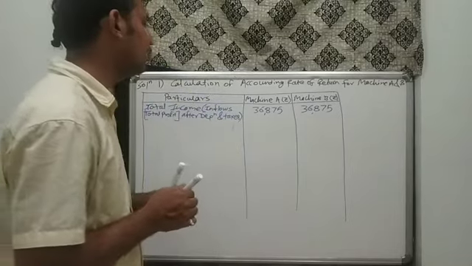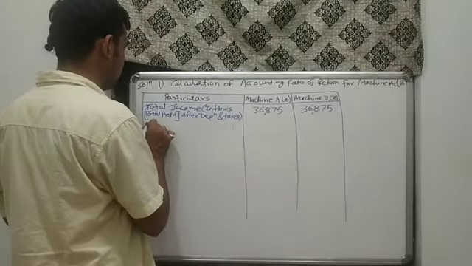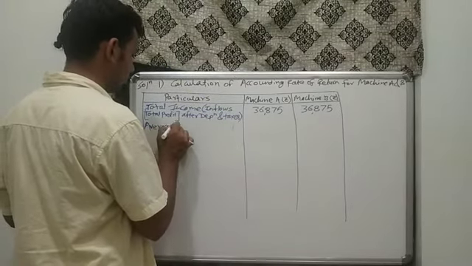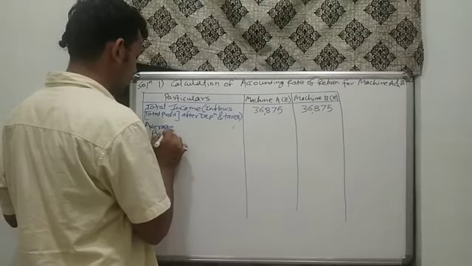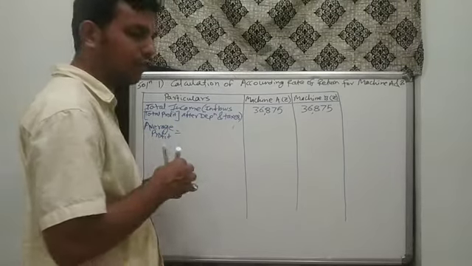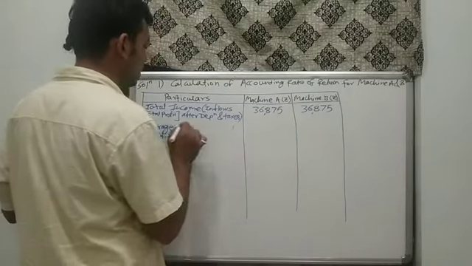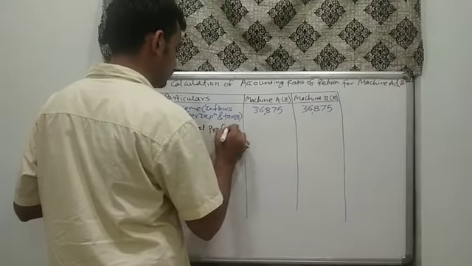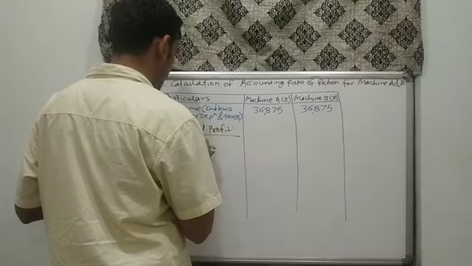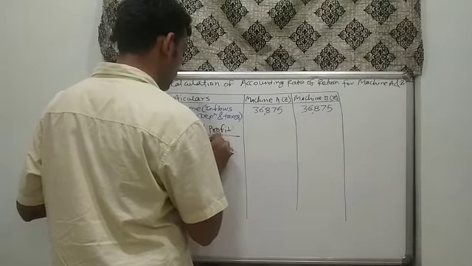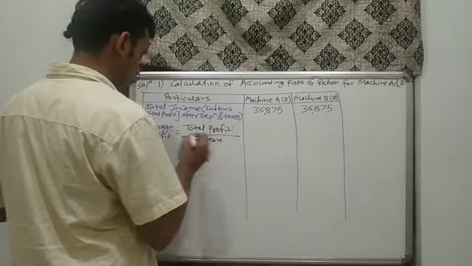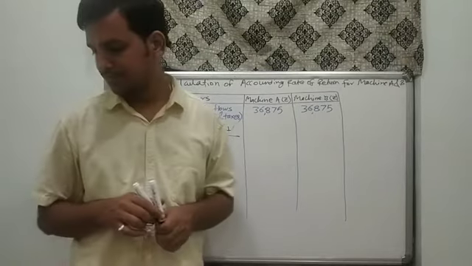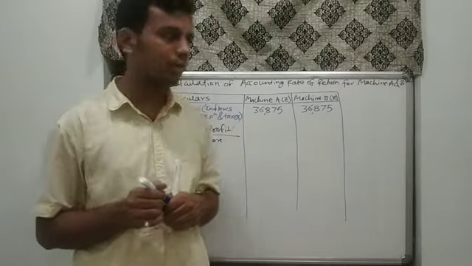The second thing which we have to calculate is the average profit. The formula is quite simple: total profit divided by number of years.